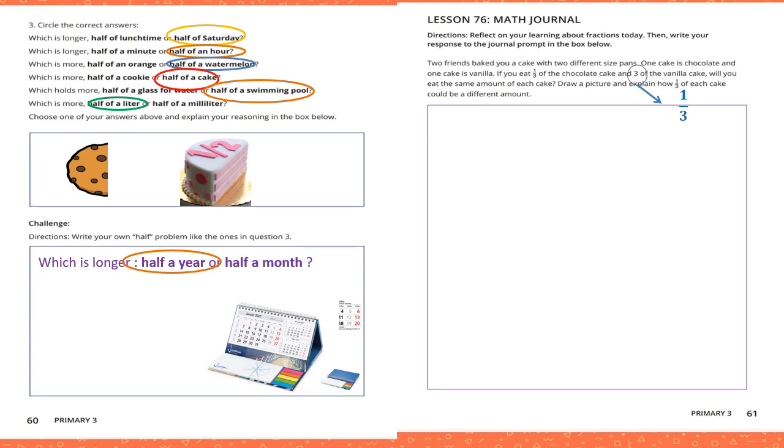If you eat a third of the chocolate cake and a third of the vanilla cake, will you eat the same amount? Draw the picture and explain which third is bigger, or how a third of each cake could be different.